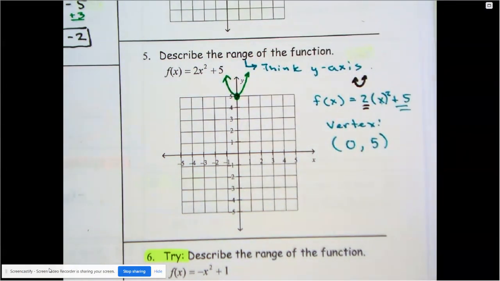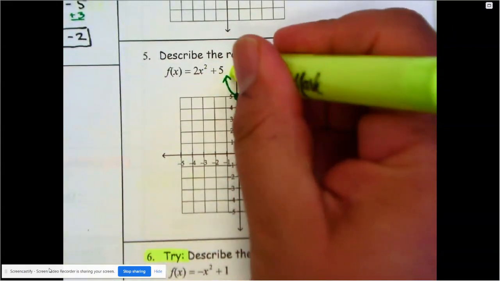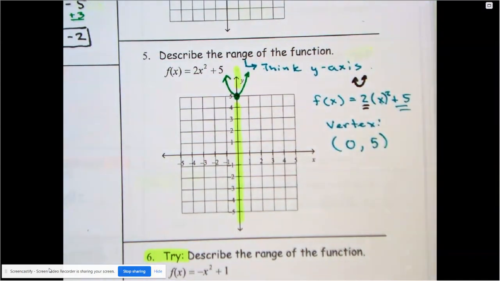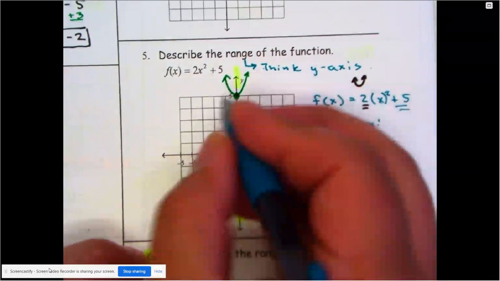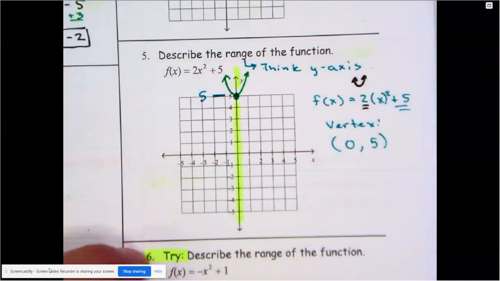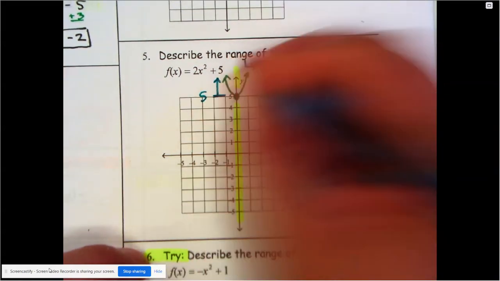But now here comes the concept of range. The range is you got to think y-axis. So I'm looking at my y-axis. And if you think about it, this is the lowest y value that this graph gets. This y value is 5. But then my graph exists everywhere above that 5.